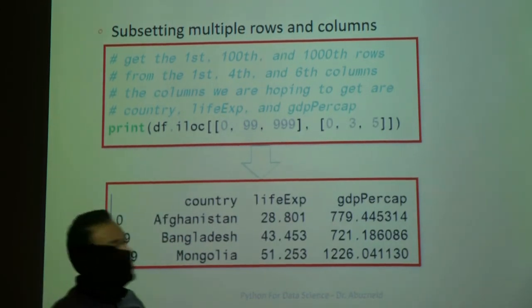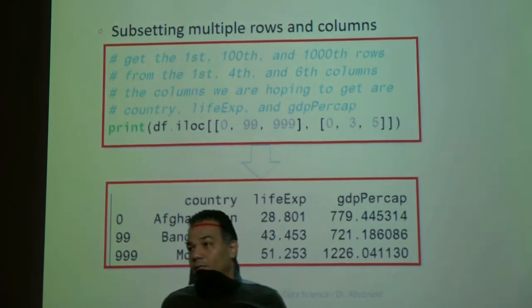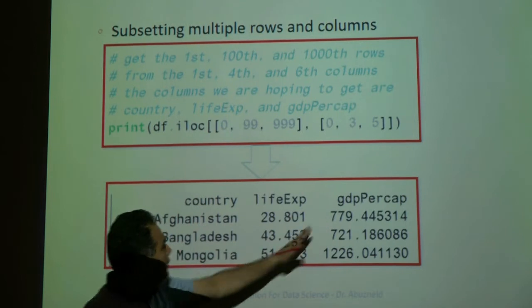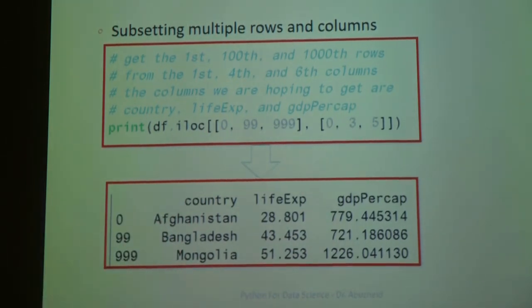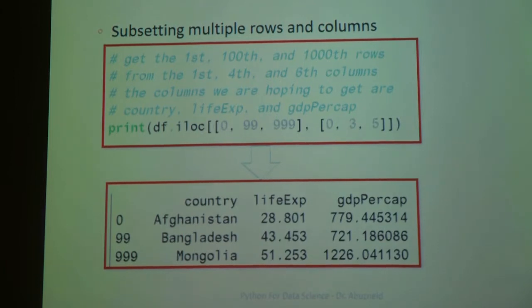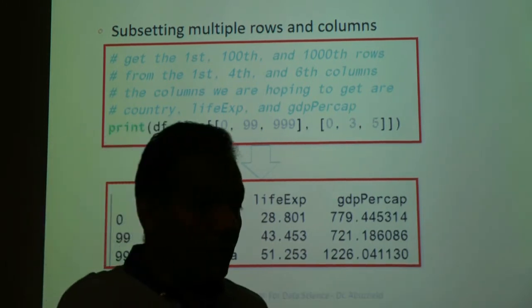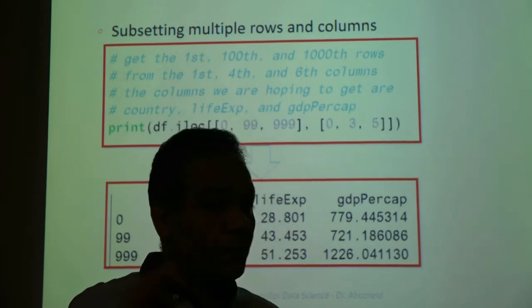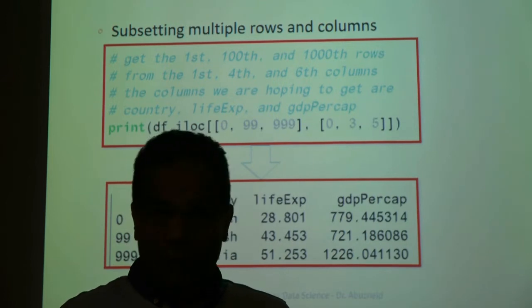And how many columns? 3 columns, which are 0, 4, and 6. And that's it. Alright? So what we are learning is that we could subset by column, or multiple columns. We could subset by rows or multiple rows, two ways, and we could subset with columns and rows together. Clear?